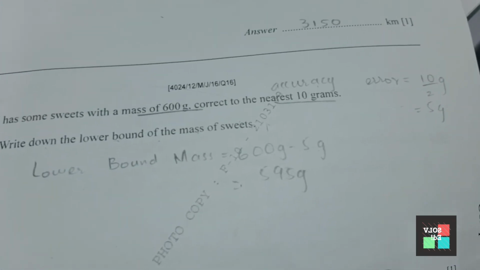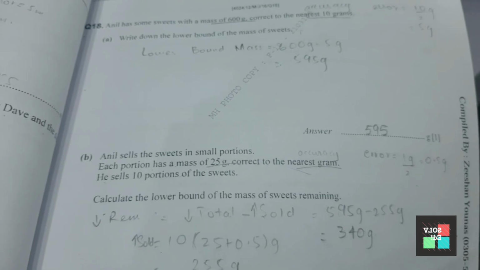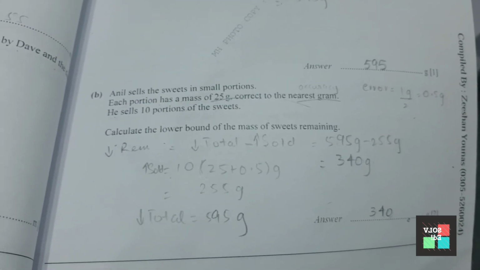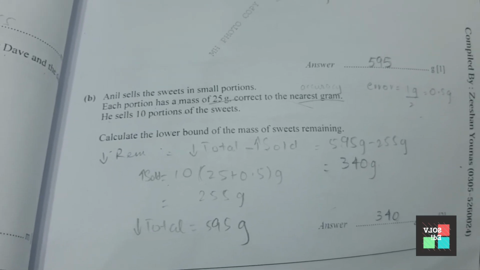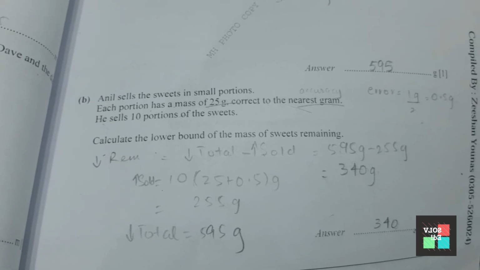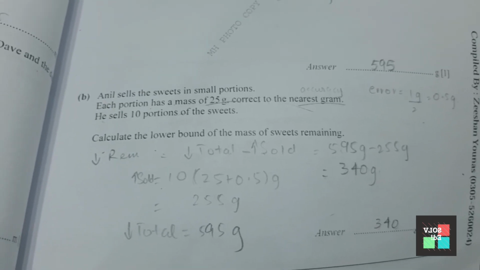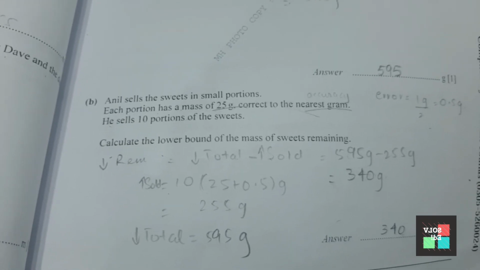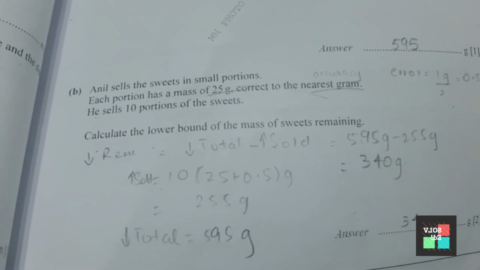I've calculated the accuracy and error, and then I subtract away the error. And then I have a formula construction. Since it's the lower bound mass of sweets, I calculate a lower bound of the total mass and upper bound of the sold to get the remainder, and I get 340 as my answer.